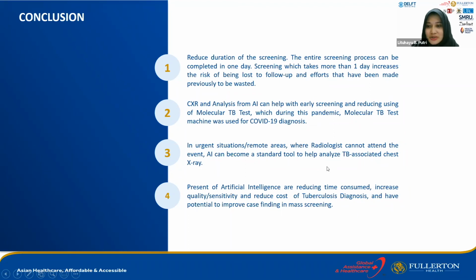I just want to say that the AI is for assessing. This is not for creating the diagnosis. So after we get a conclusion from this AI, we have to confirm again with a GeneXpert in the AFP setting to make sure whether the patient is really a TB patient or not.